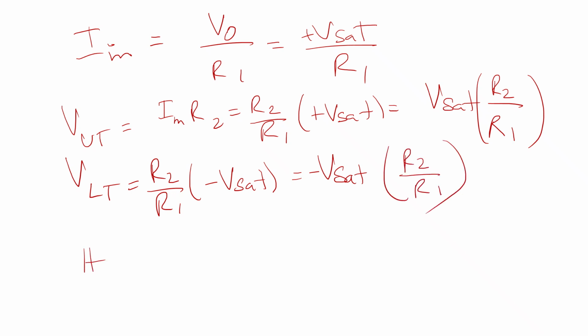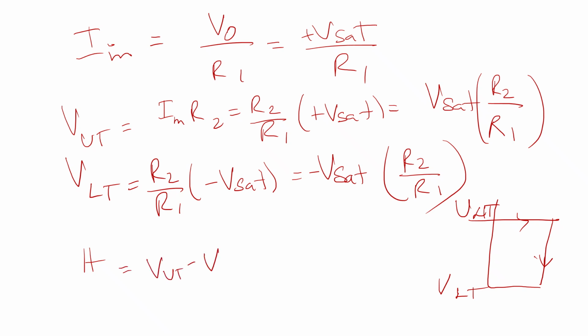So the hysteresis loop that is formed from the upper threshold voltage to the lower threshold voltage is the difference between the upper threshold voltage and the lower threshold voltage, which is equal to 2 times Vsat into R2 by R1.